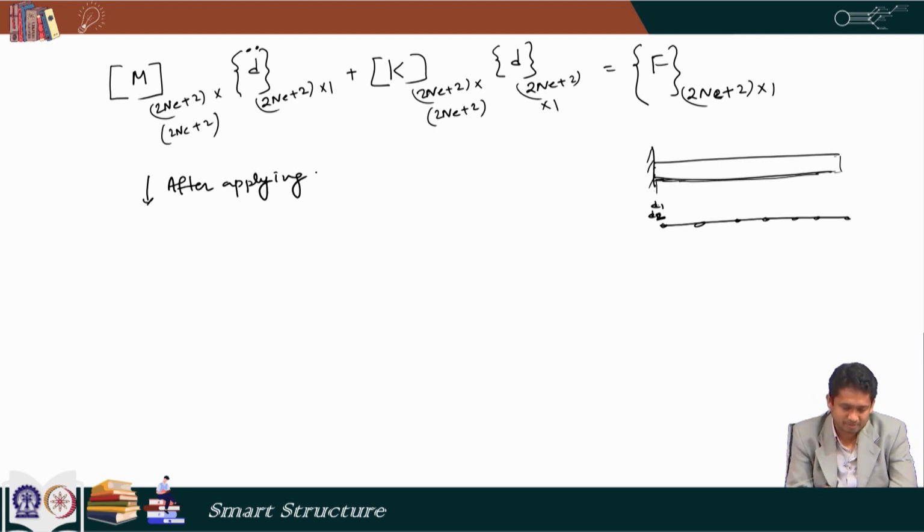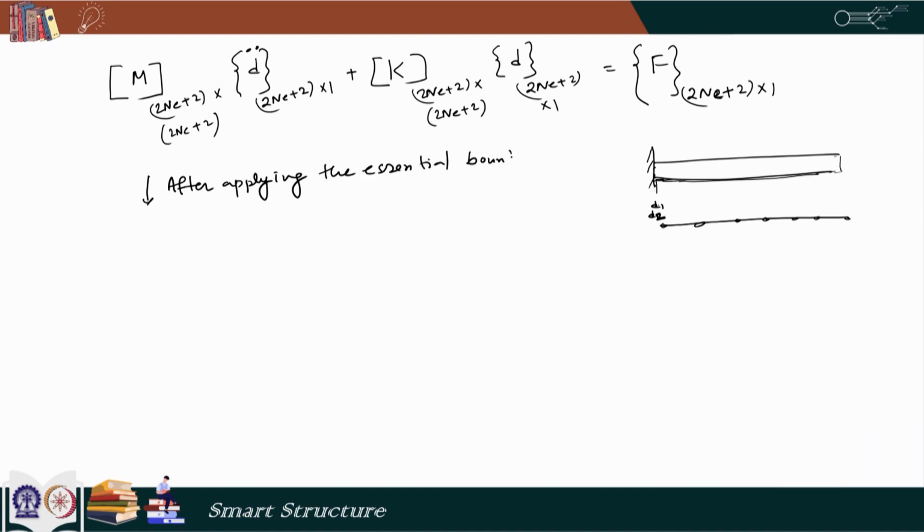linear simultaneous ordinary differential equations after applying the essential boundary conditions. The boundary condition is d1 equal to d2 equal to d1 of 1 equal to d2 of 1 equal to 0, and if they remain 0 always, that means that d1 double dot, d2 double dot, d1 of 1 double dot, d2 of 1 double dot always remain 0.